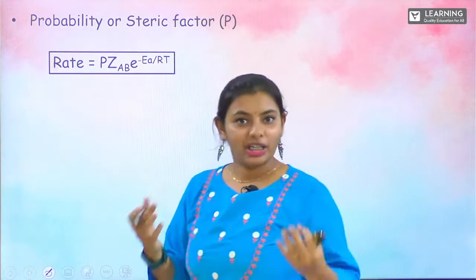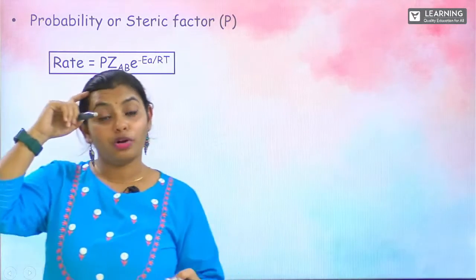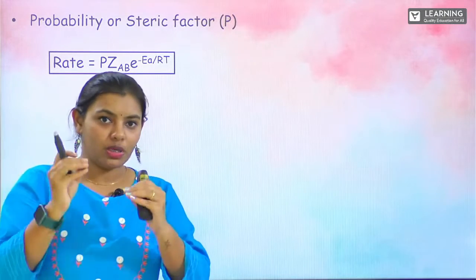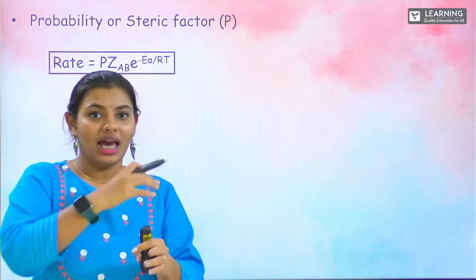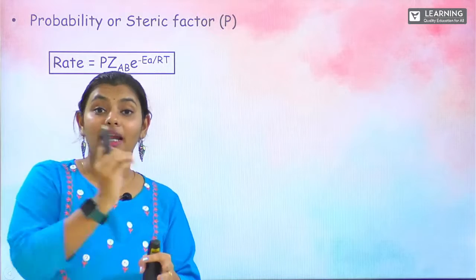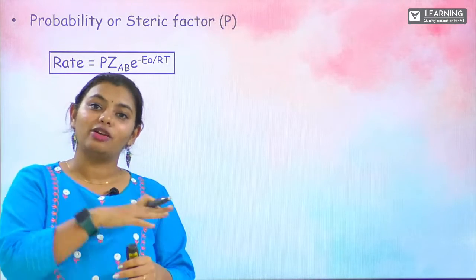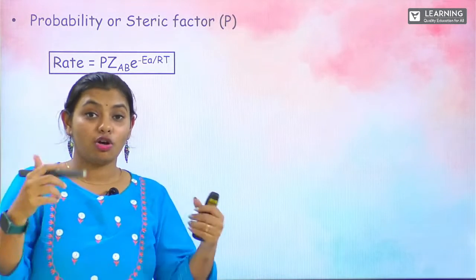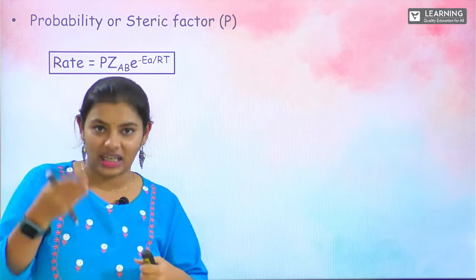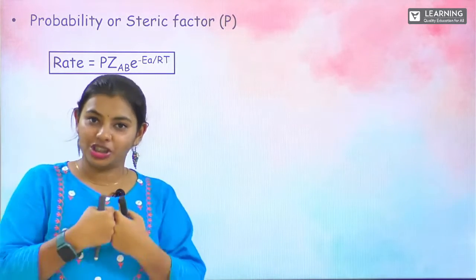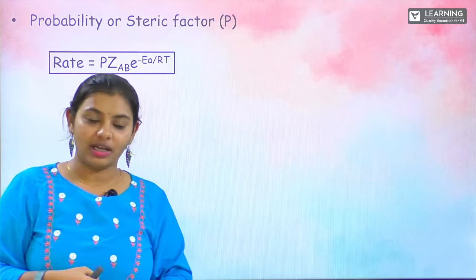Now the proper orientation, whatever we are talking about, I told you, is also going to play a major role in the rate of the reaction, right? As the rate of the reaction increases, that means the effect of collisions also should be increasing. If there is proper collision taking place, then only the rate of the reaction increases.